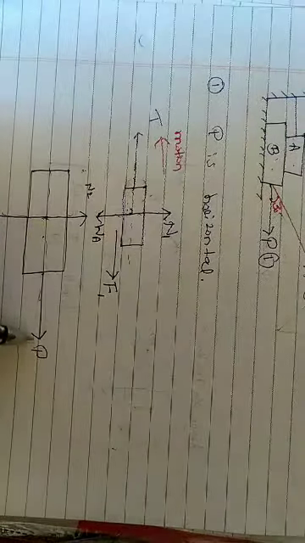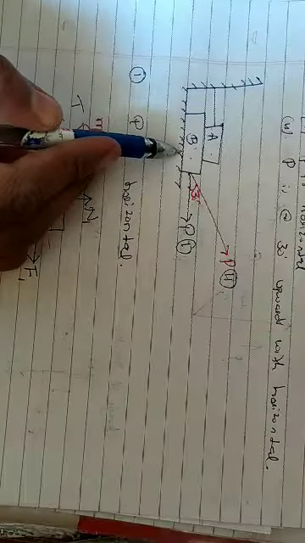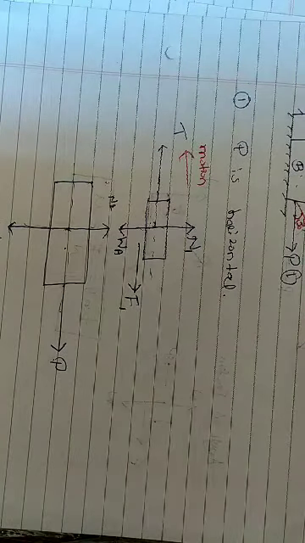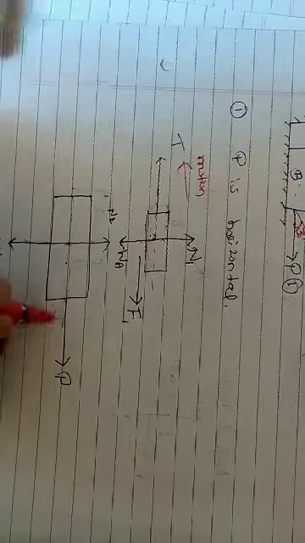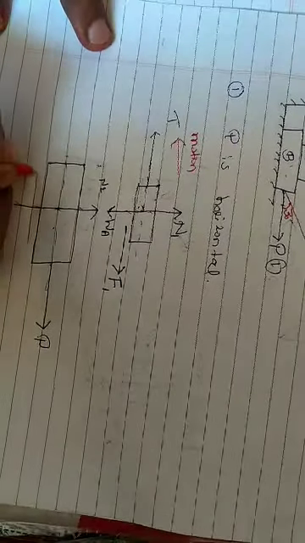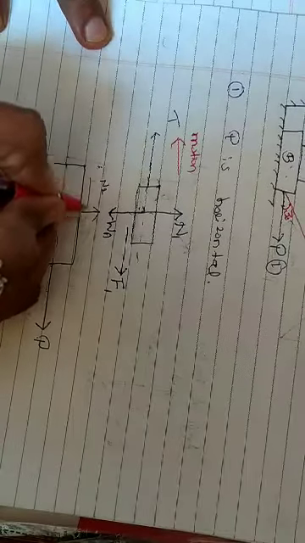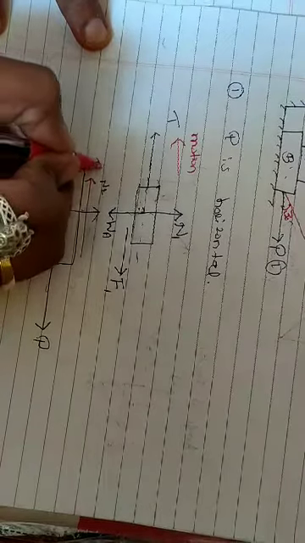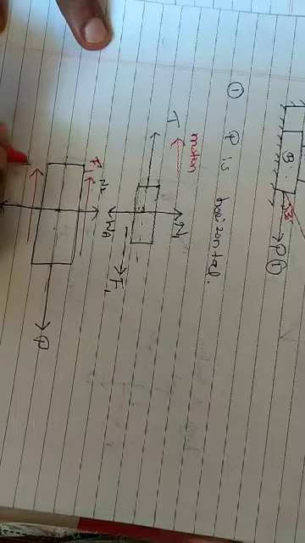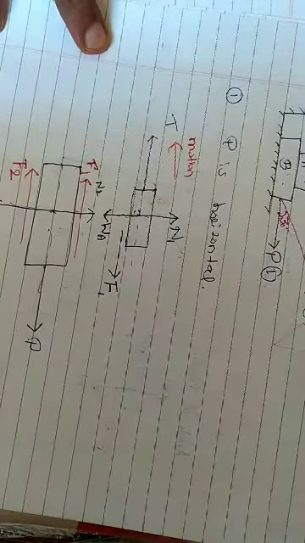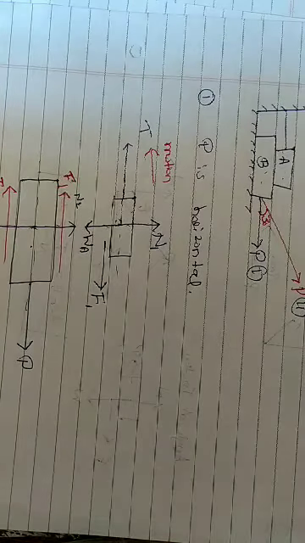Body B has one contact surface here, B and floor, and another contact surface between A and B. So we need to indicate frictional force at every contact surface, in the opposite direction of the movement of the body. Motion is in this direction, so frictional force is indicated here in the opposite direction. This is F1, this is F2. Any other force acting?